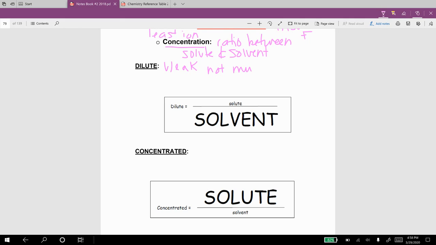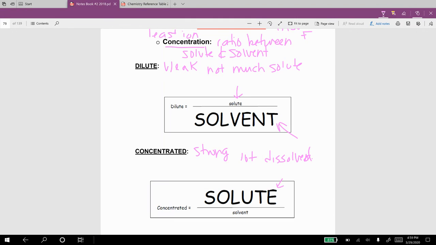Not much solute, right? That's why I've got a tiny little solute and a large amount of solvent, a tiny little sprinkling of sugar in my tea. Now I can have concentrated, which is going to be a strong solution. That means there's a lot of solute dissolved.